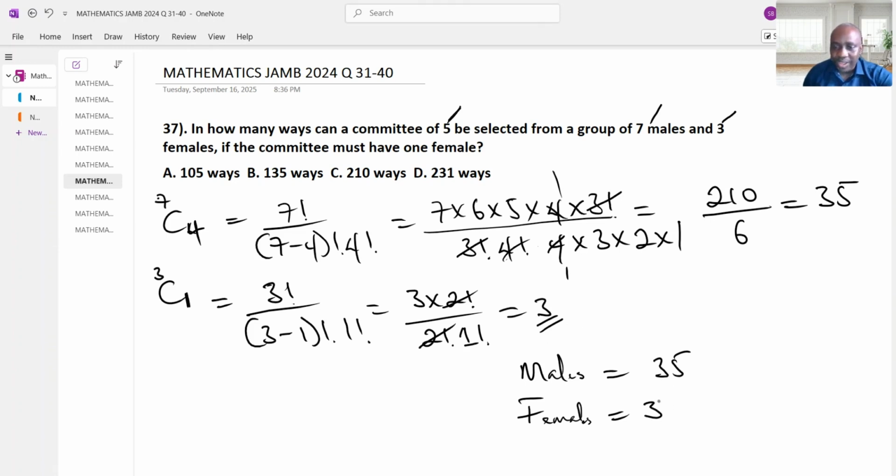When you multiply them together, it gives us 105 ways. 3 times 5 is 15, write 5, remainder 1. 3 times 3 is 9, plus 1, 10. Therefore, we have 105 ways. Our answer is option A. Let's move to the next question.